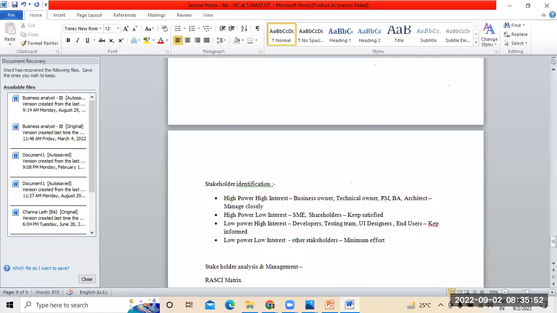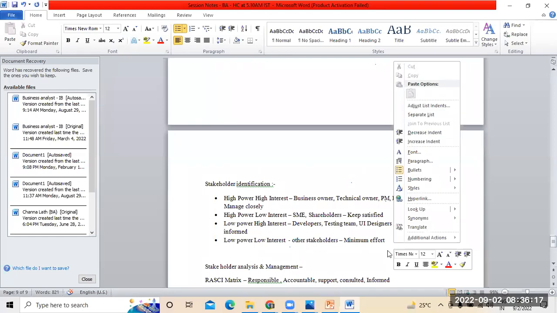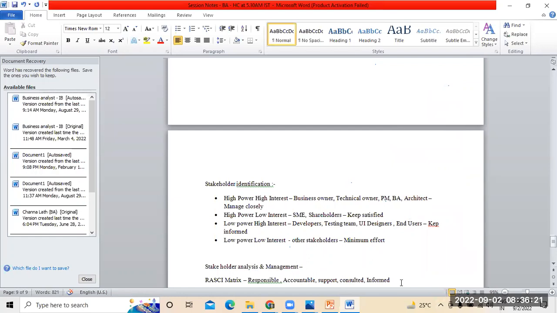In this, R stands for responsible, A stands for accountable, S stands for support, C stands for consulted, and I stands for informed. Responsible, accountable, support, consulted, and informed. This is what generally is used for stakeholder analysis and management, the RACI matrix.